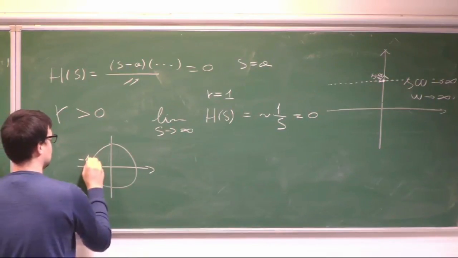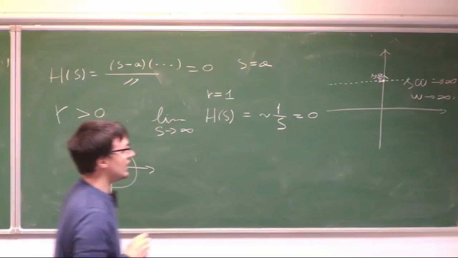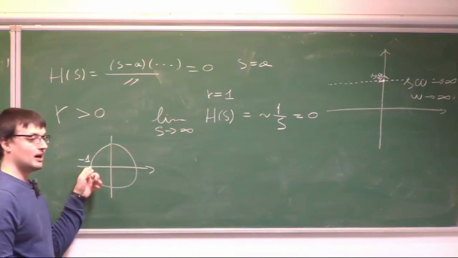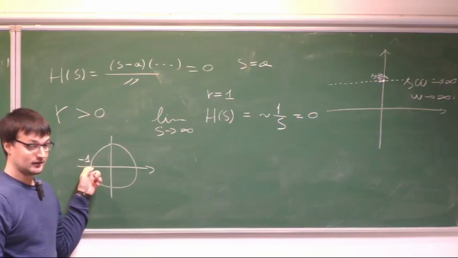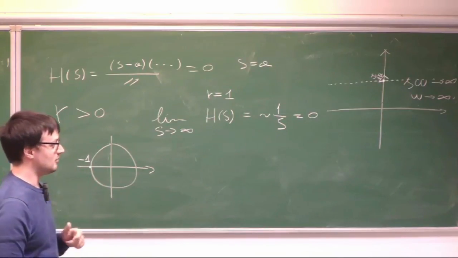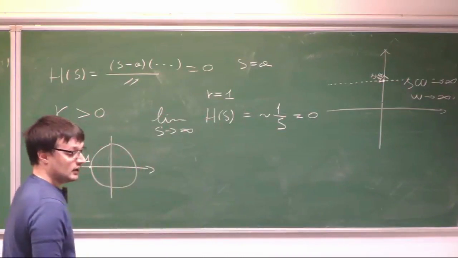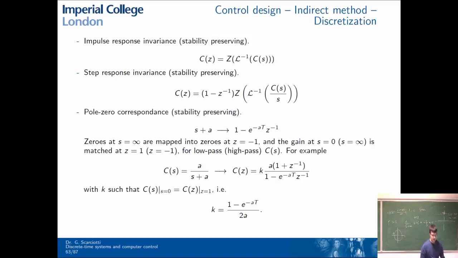So in -1, because j omega s divided by 2 corresponds to e power j pi, or e power minus j pi if we are over here. So this is -1. If we go back to the slide, it means that the zeros at infinity, at s equal to infinity, are mapped into zeros at z equal to -1.